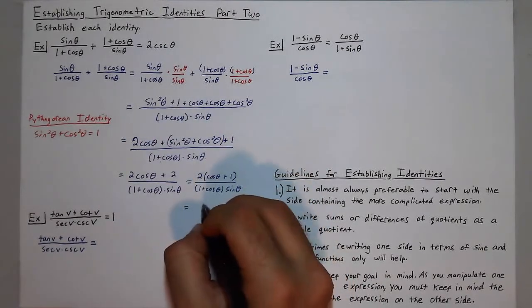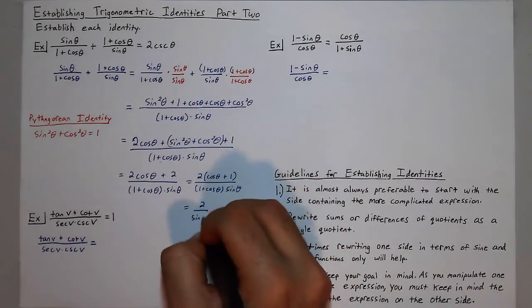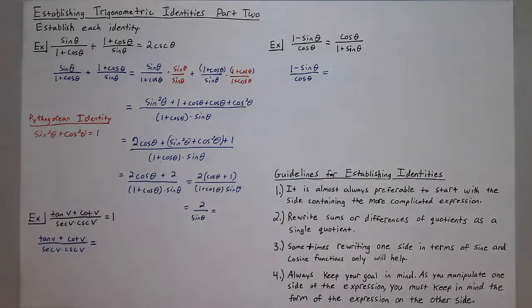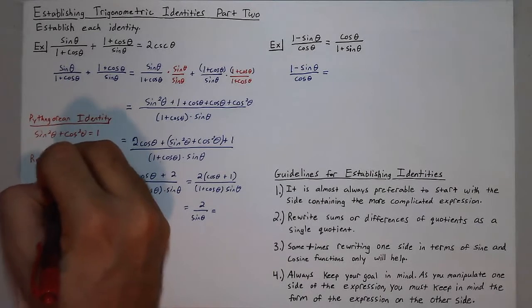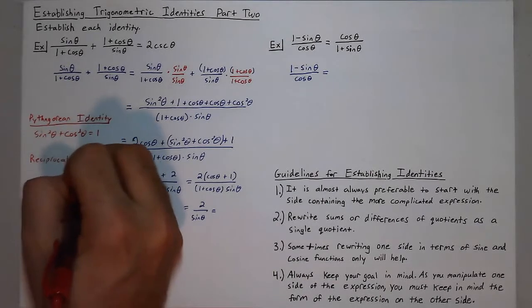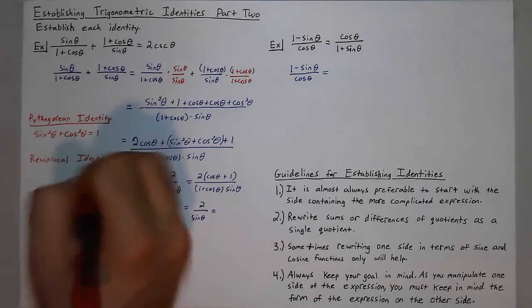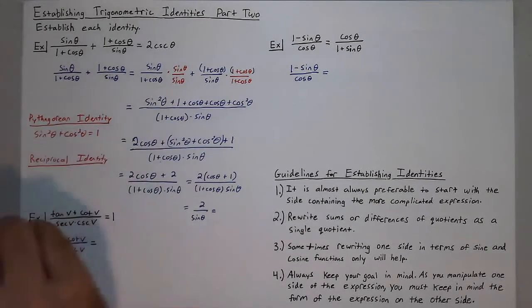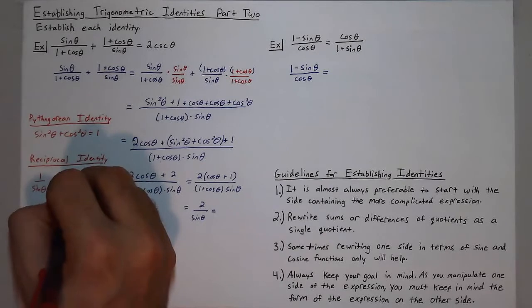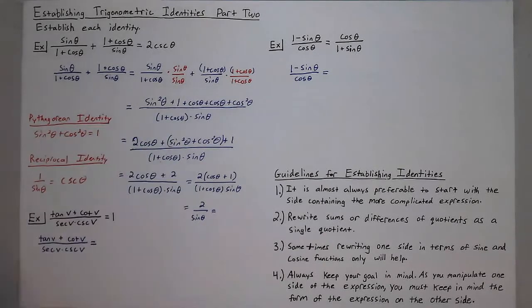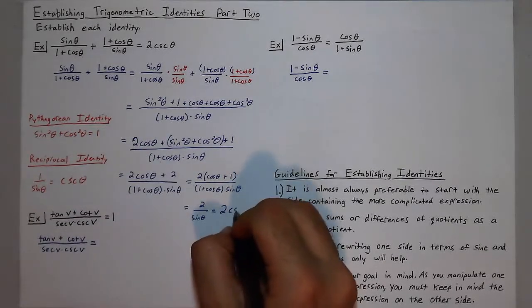And I'm left with 2 over sine of theta, which luckily, due to the reciprocal identity, I can rewrite as cosecant of theta. So I'll end up with 2 cosecant of theta.